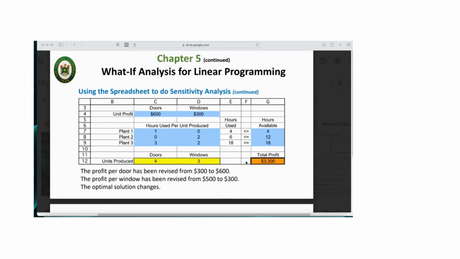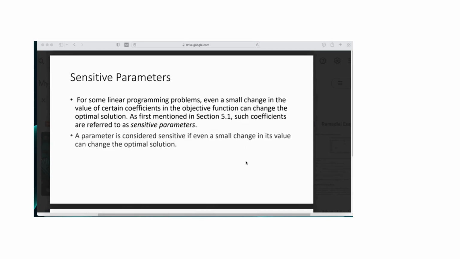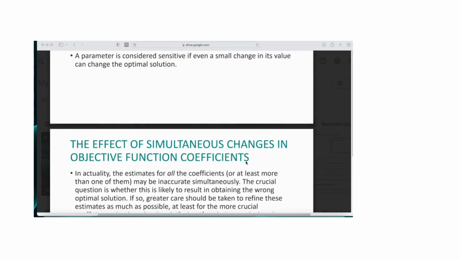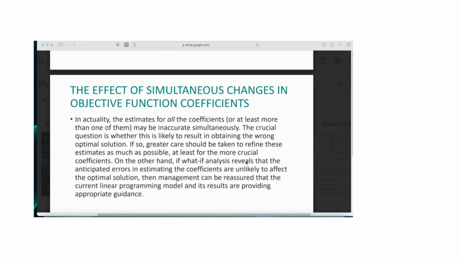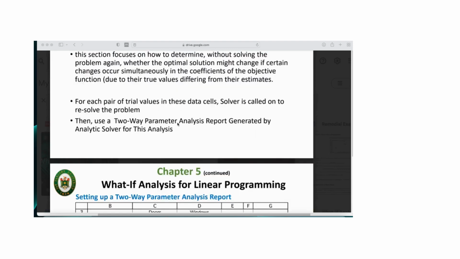Okay, then, so that's changing only one parameter. How about if we simultaneously change two parameters, like changing two coefficients in the objective function, like this one?